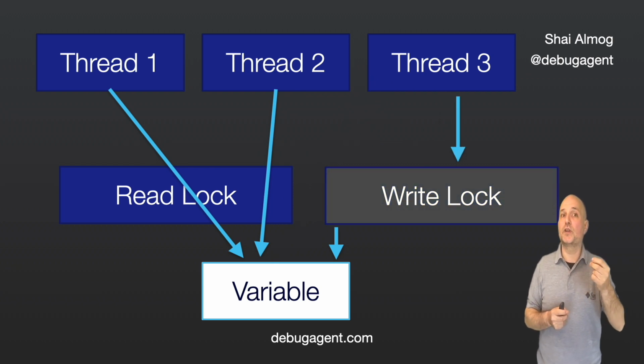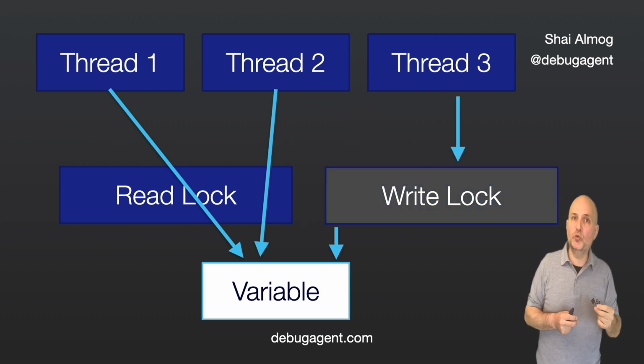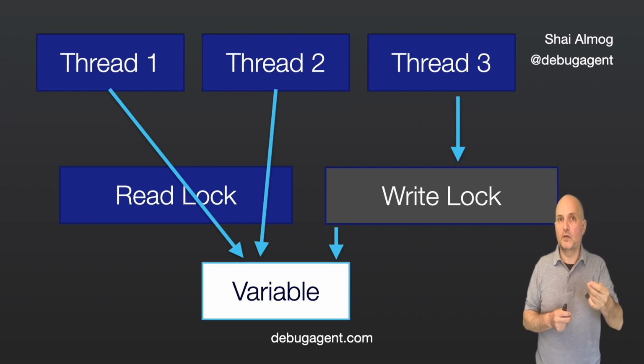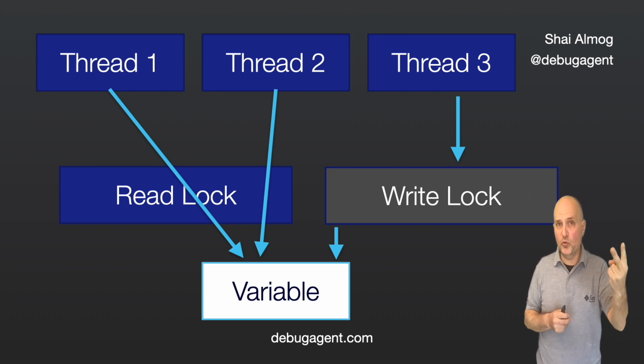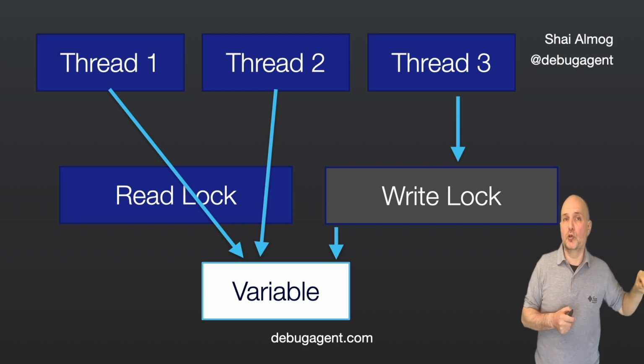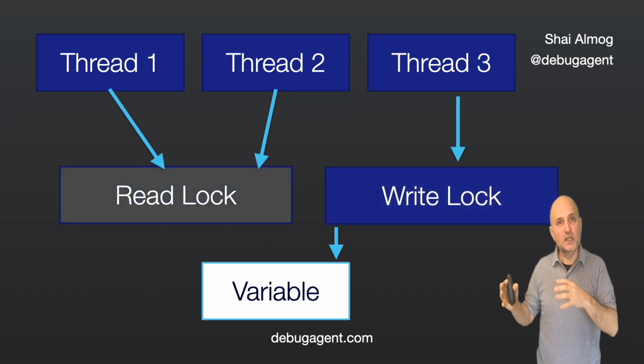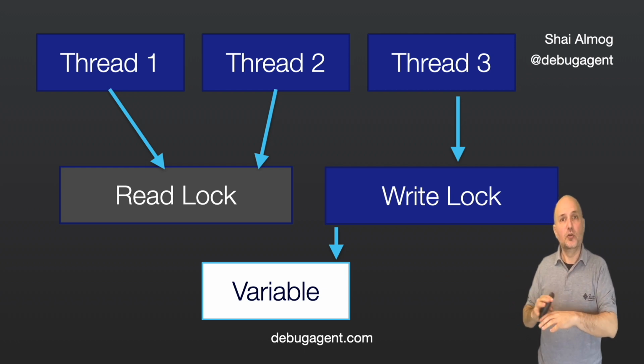Let's say thread 3 invokes code that needs to write to the variable. In that case, it tries to grab the write lock. Notice that in this case, thread 1 and 2 are both holding the read lock. So the write lock will wait for them to release their read lock. Once they released their read lock, no additional reads will be granted.